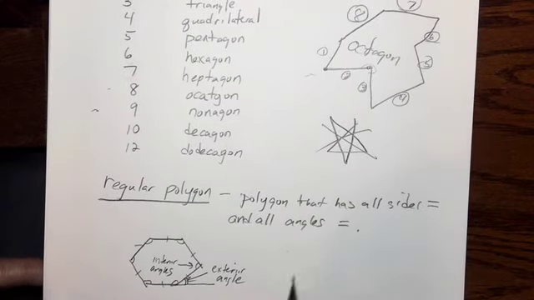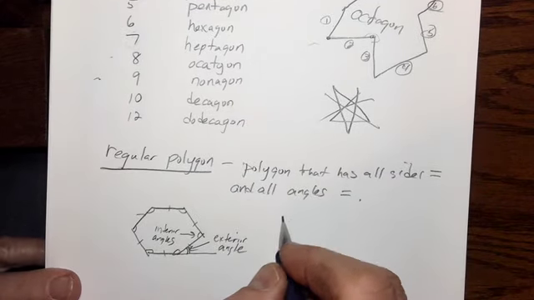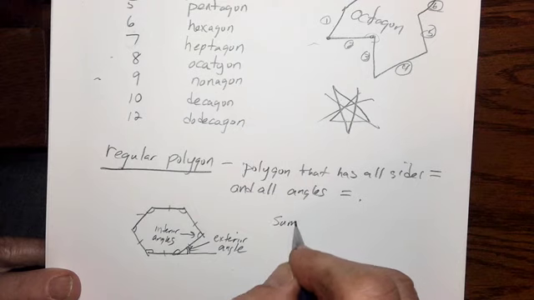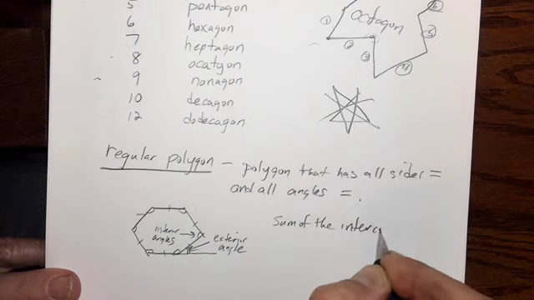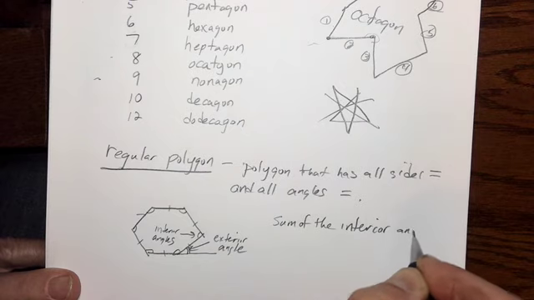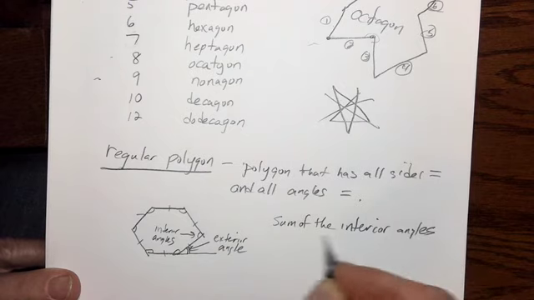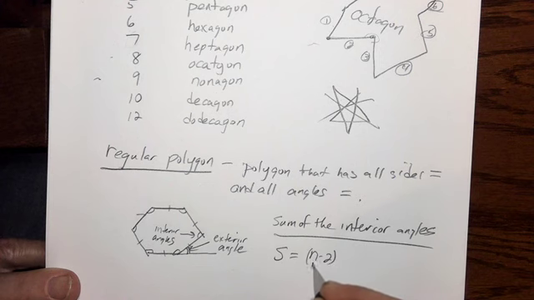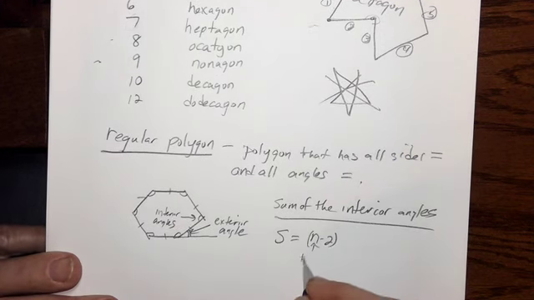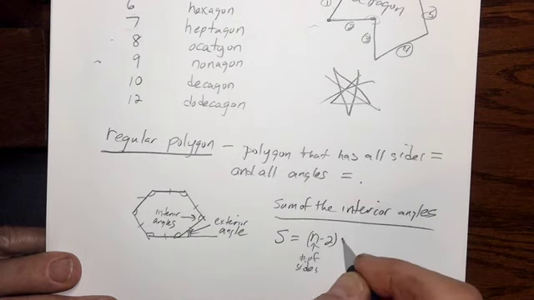To find the sum of the interior angles of a regular polygon, there's a formula. The sum is equal to n minus 2, where n is the number of sides of the polygon, times 180.